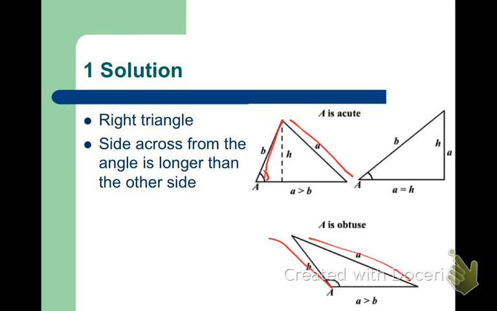As long as A is greater than B, and you can do a quick check on that because you'll be given those 2 sides, you only get 1 triangle. Or if A isn't greater than B, but A happens to be the height, which makes it a right triangle, you'll only get 1 triangle. So you don't actually have to test for this case. You don't have to do anything ahead of time. It'll come out through the solving process.